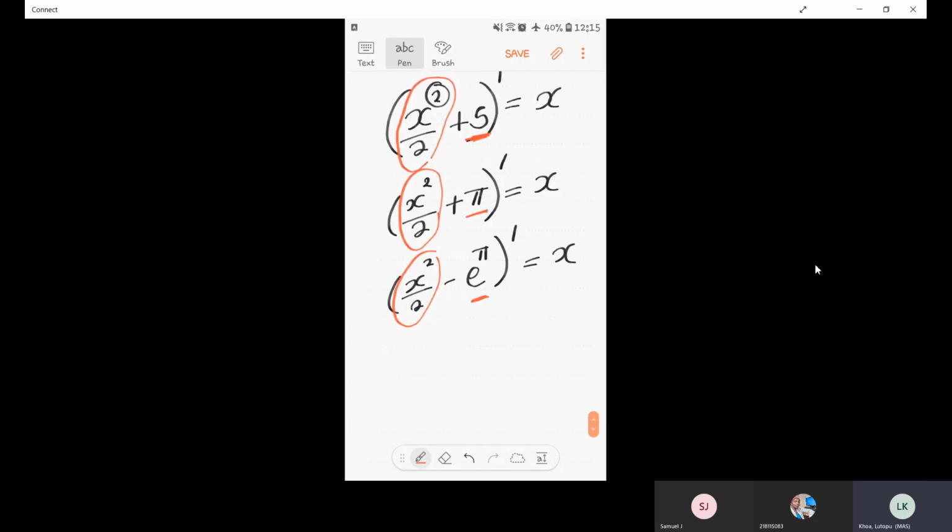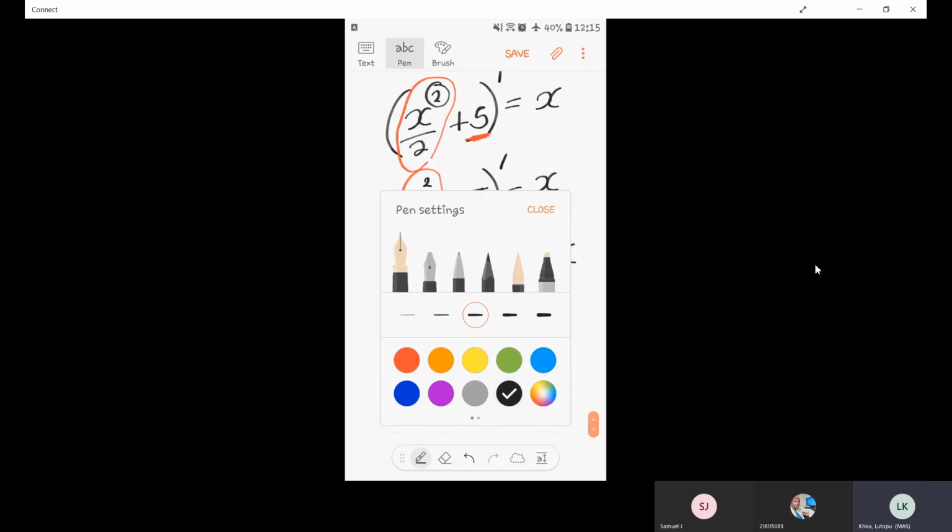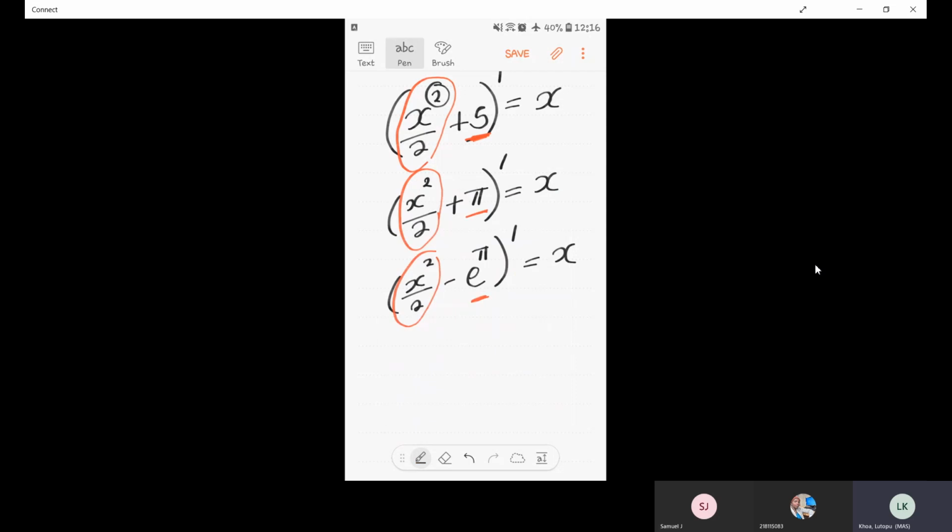Okay, so when we have to find the indefinite integral, our solution is not a single curve, because if I say this is my solution, it means that's the only one that I can differentiate to get x. But we're saying that when we're taking the indefinite integral of x with respect to x, our solution should be x squared over 2, and then I add a constant c. Now this constant represents whether it's your 5, your pi, your e to the power of pi, it doesn't matter.